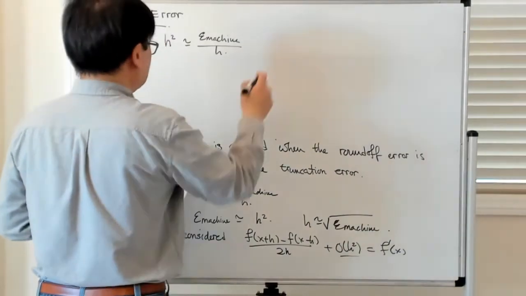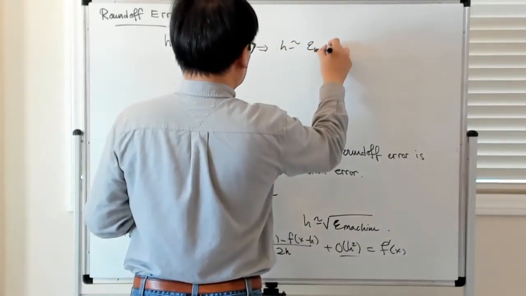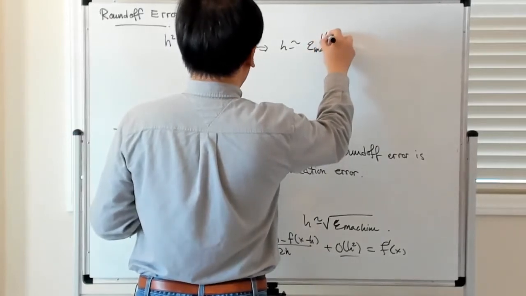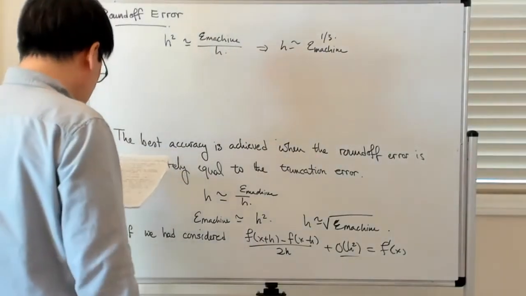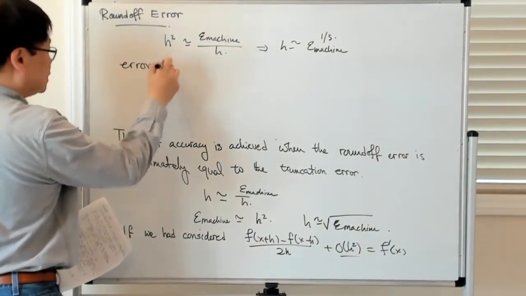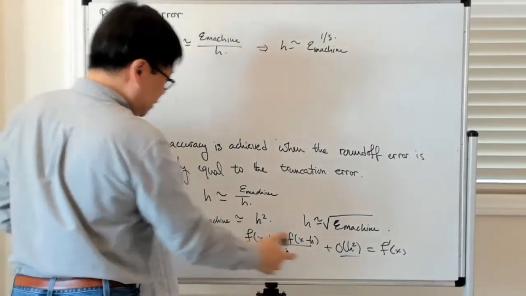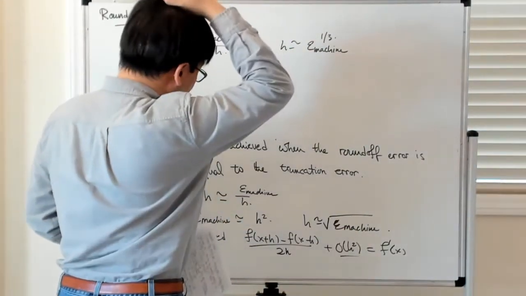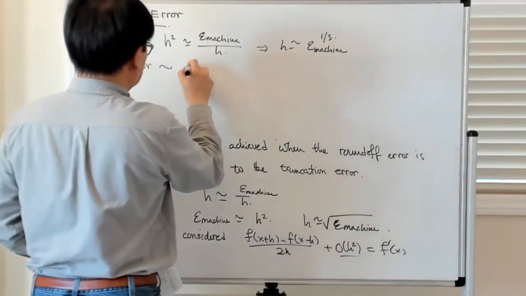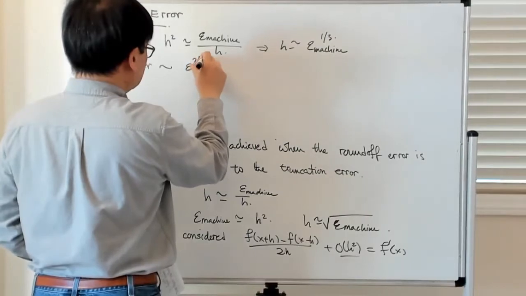So this is telling you that h is approximately epsilon machine to the 1/3 power. And then the error, substituting this into this thing here, is epsilon machine to the 2/3 power.